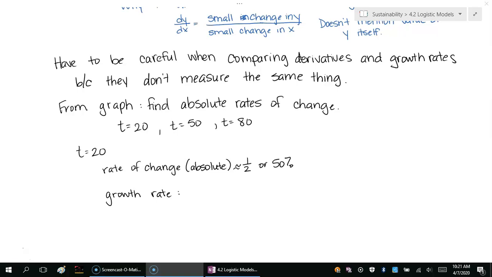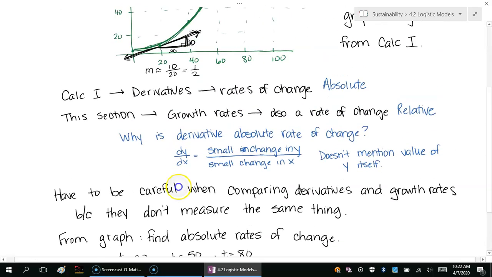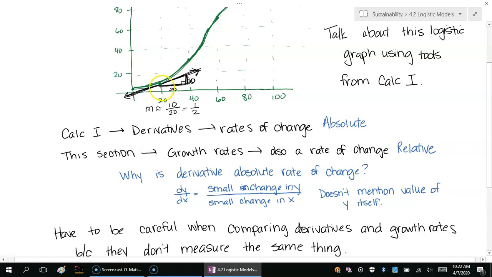So to get from the derivative to the growth rate, what we're going to do is divide by the quantity. So it's going to be 1/2 divided by, let's scroll up, at 20, my y value is about 10. Let's just say 10 to make the math easy.